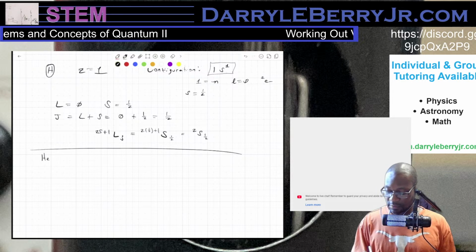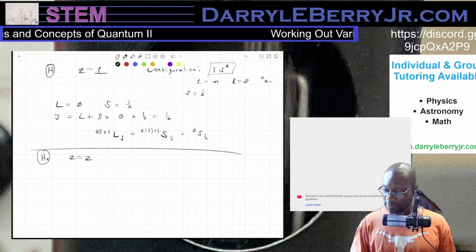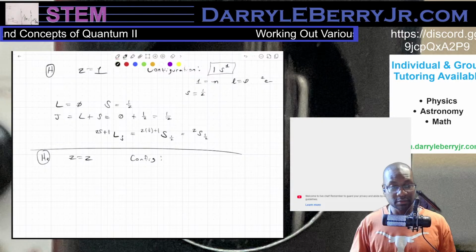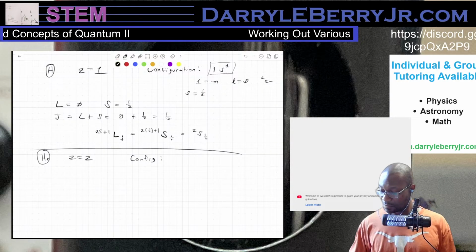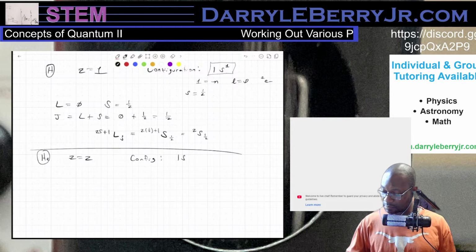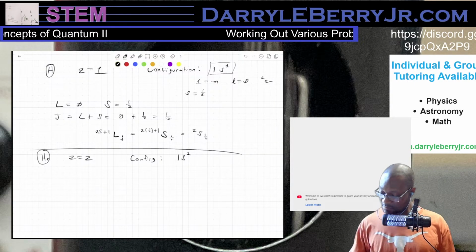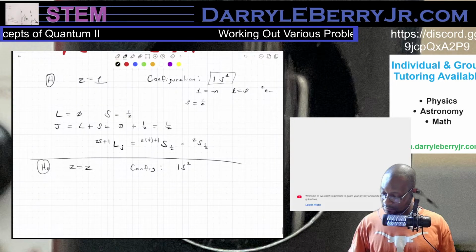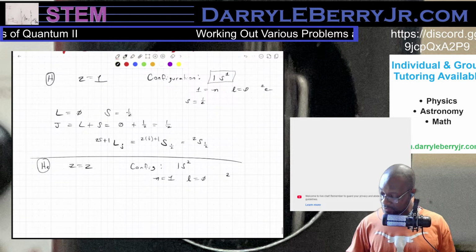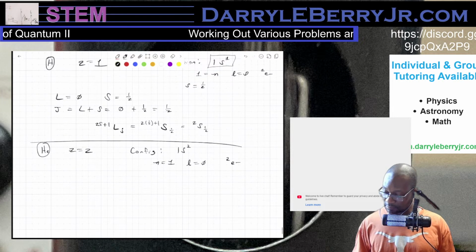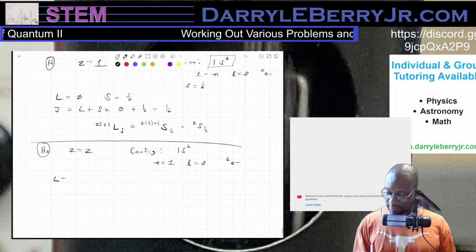So helium has 2 protons. The configuration is 1s2. So this means that n equals 1, L still equals 0, but now there are 2 electrons. So big L equals 0.